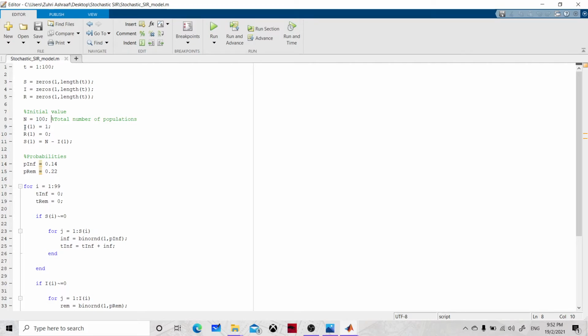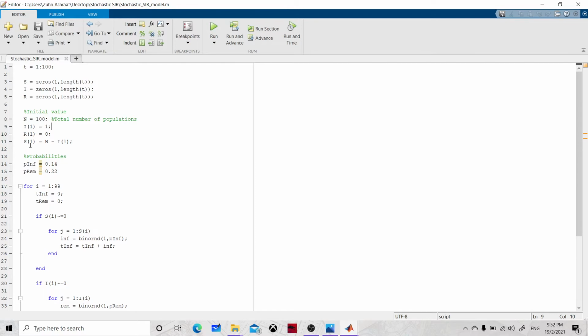Then we declare the number of infected as 1, and the number of removed is of course 0, because no individuals are removed when we first start our simulation.